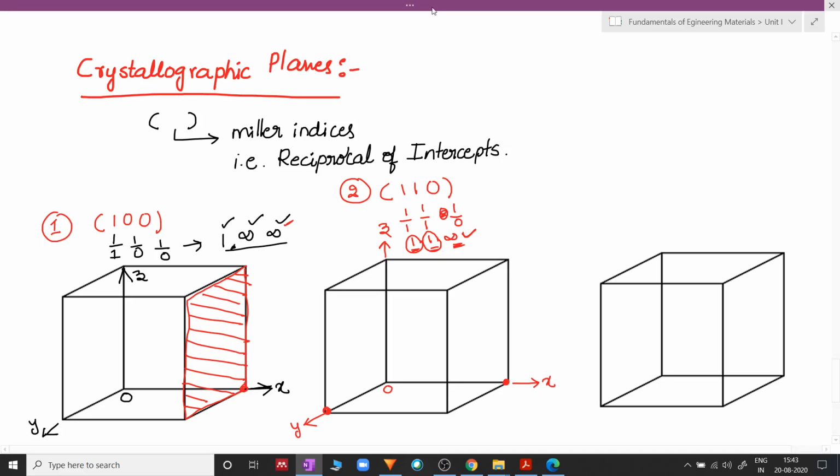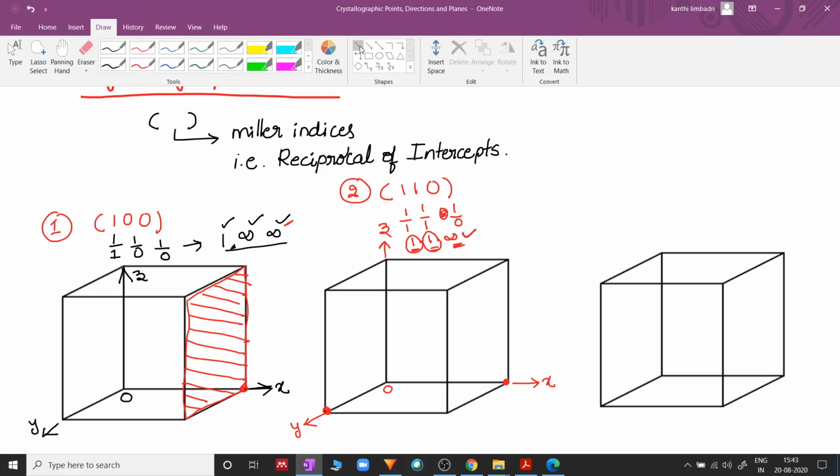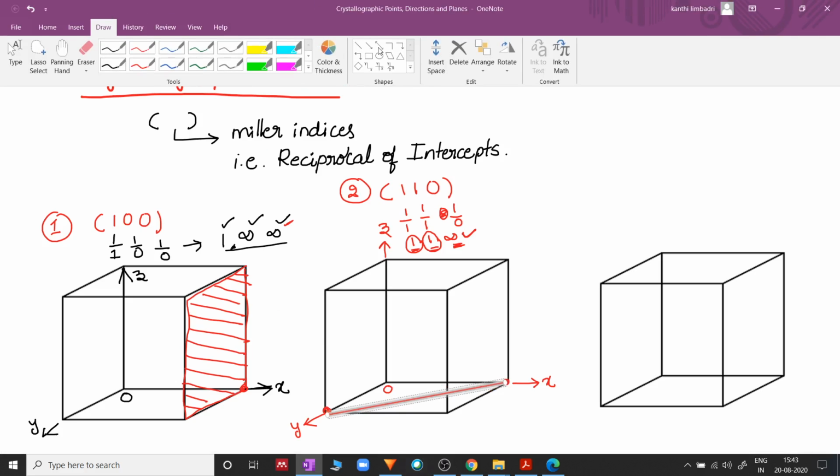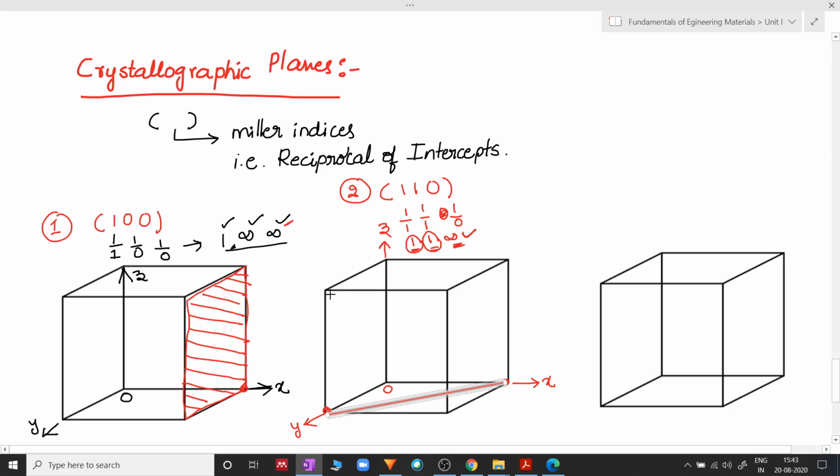So therefore I can draw that by joining these two points and parallel to the z axis. How you can draw like this? Joining these two points and parallel to the z axis.